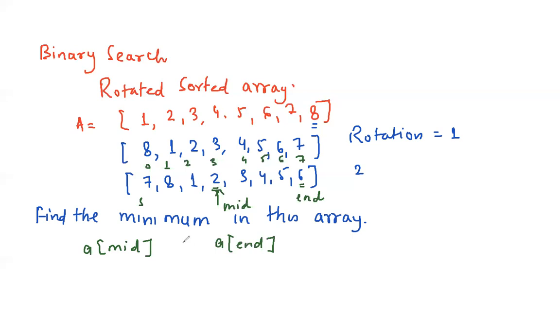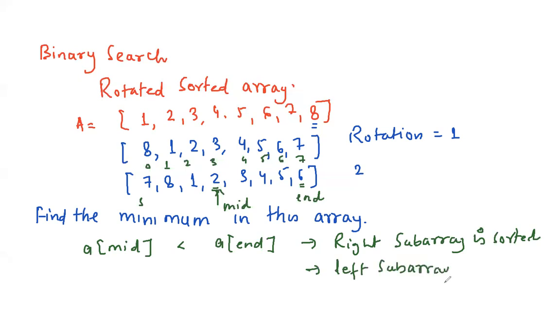If A of mid is less than A of end, that means your right subarray is sorted. But if A of mid is greater than A of end, then your left subarray is sorted.